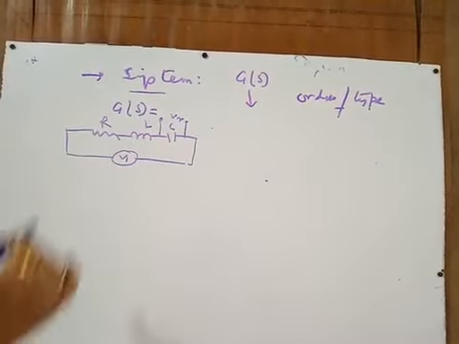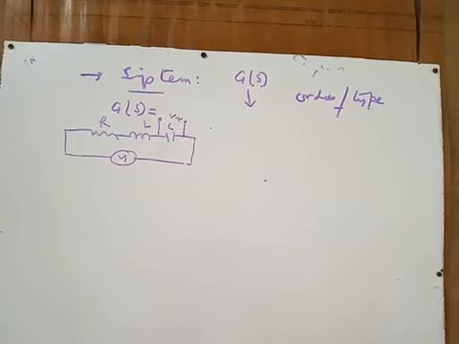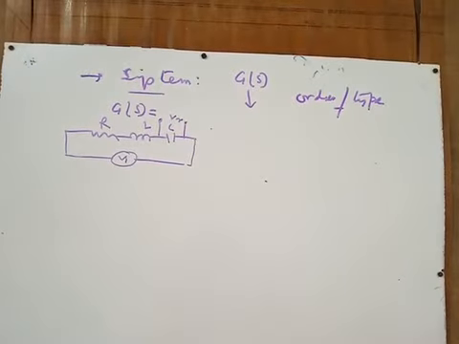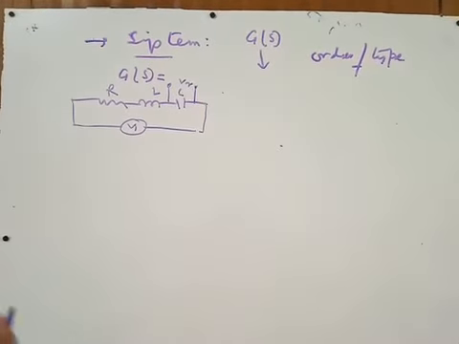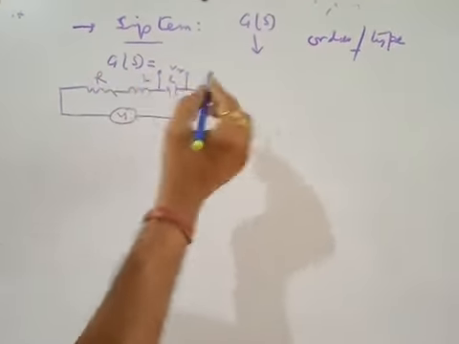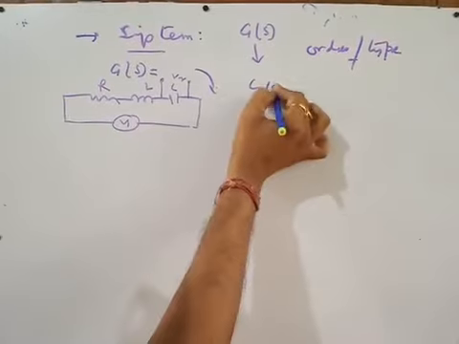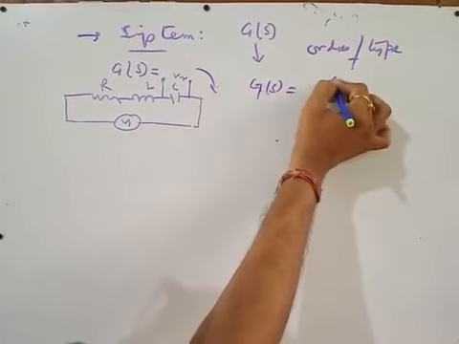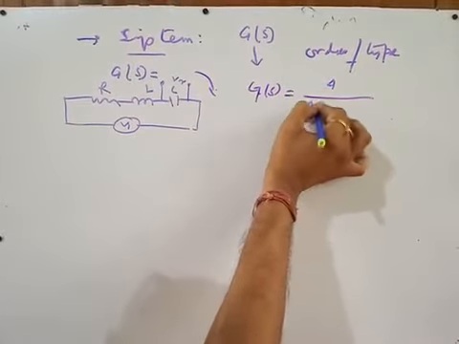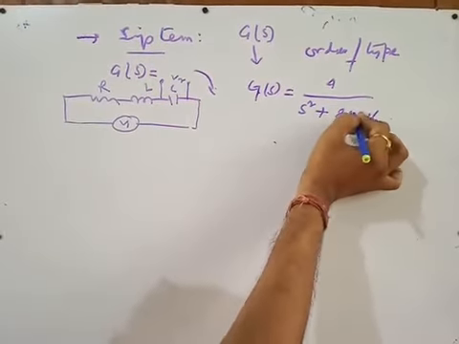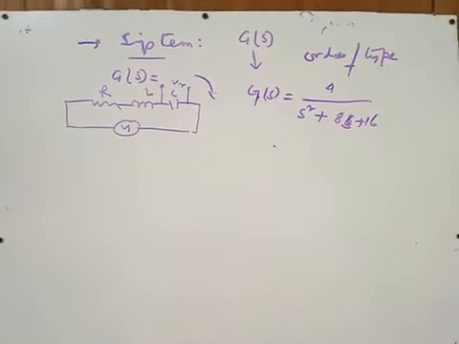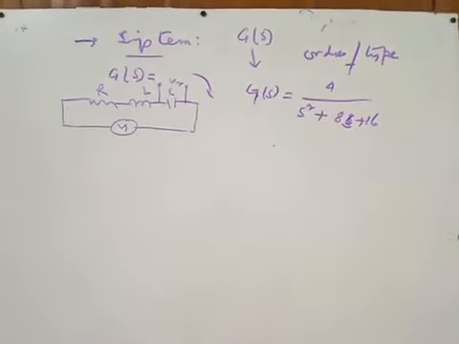So what will be G(s)? As we already discussed in the mathematical modeling of systems, whatever we are telling, this is a second order system. Say for example, G(s) is written like 4 by s squared plus 8s plus 16. That is one kind of system given.